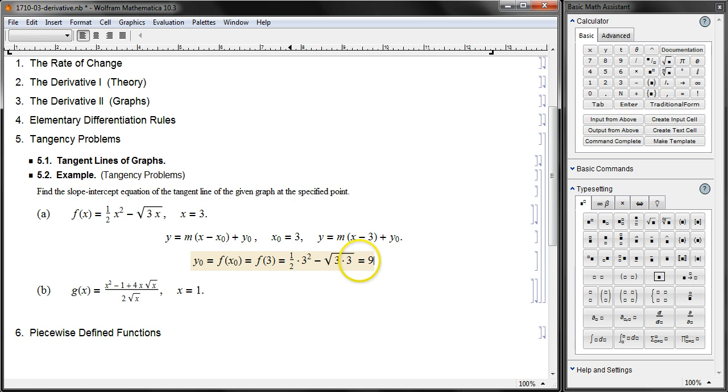So we have 9 over 2 minus square root of 9. Square root of 9 is 3, isn't it? So this whole thing is, let's see, 9 over 2 minus 6 over 2, so that's 3 halves.